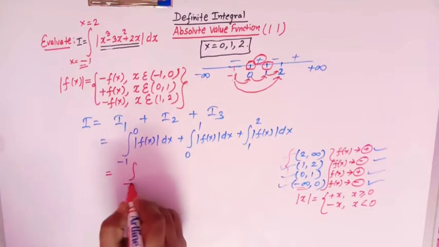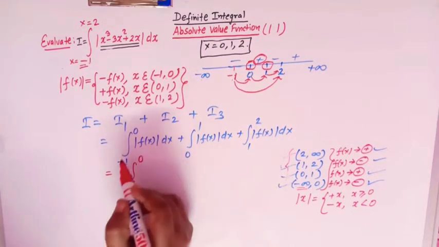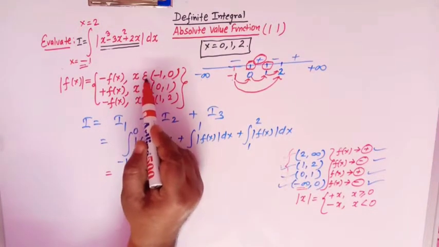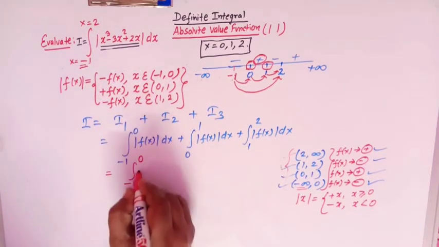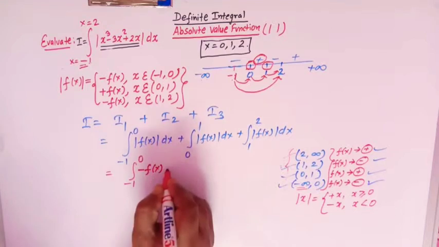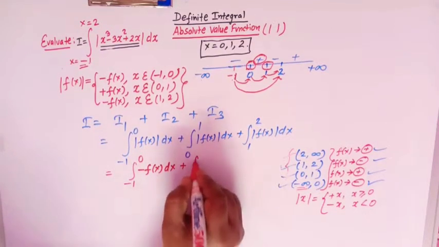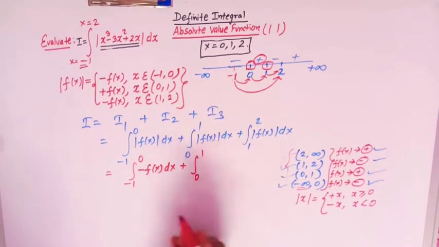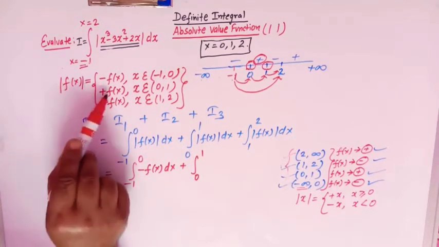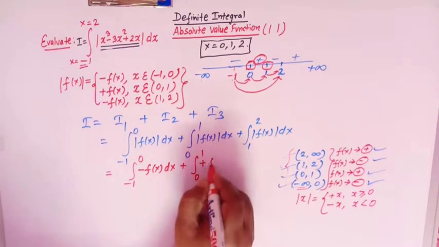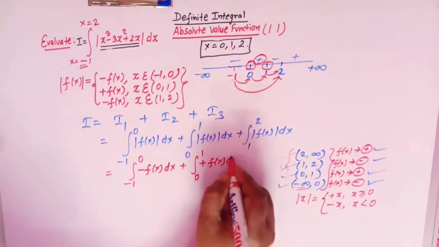Now we can write -1 to 0, and when we have x belonging to -1 to 0, mod of f of x is equal to minus f of x, right? And when x belongs to 0 to 1, we have mod of f of x is equal to positive f of x, right?